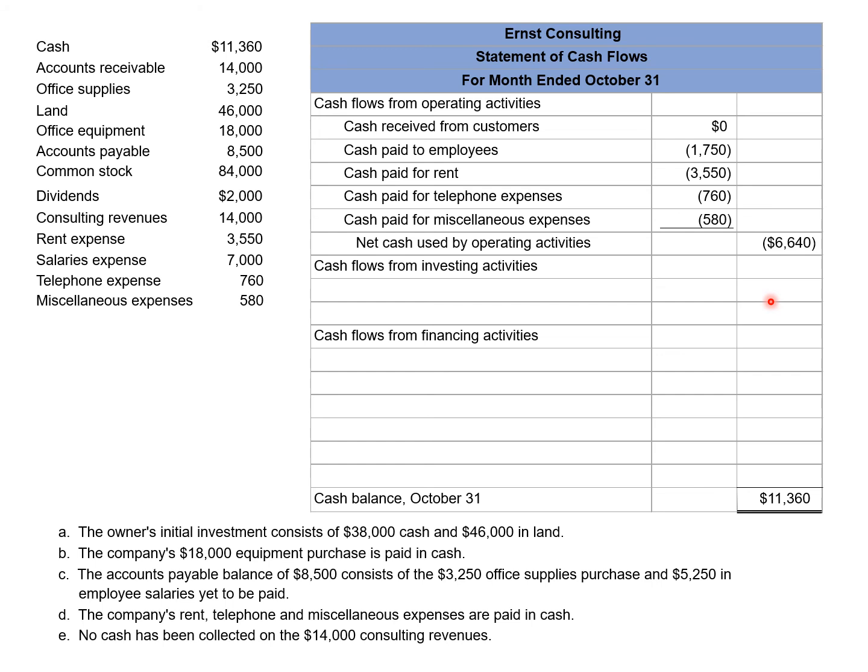All right, so moving on to the investing activities. As we look through our list of accounts here, it looks like we have land and we have office equipment. So the question is, did we pay cash for these items or did we not? If we didn't pay cash for these items, they don't belong. If we did, they do belong. So land, in letter A, land was contributed in exchange for common stock when the owner initially invested in the business. So land doesn't have a cash impact because we didn't pay cash for that.